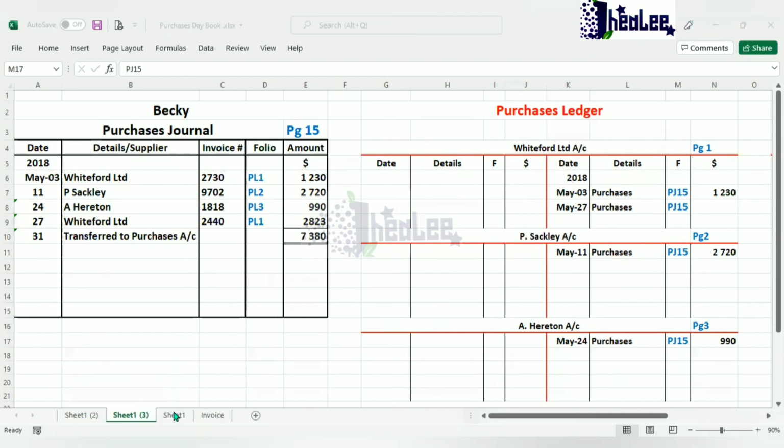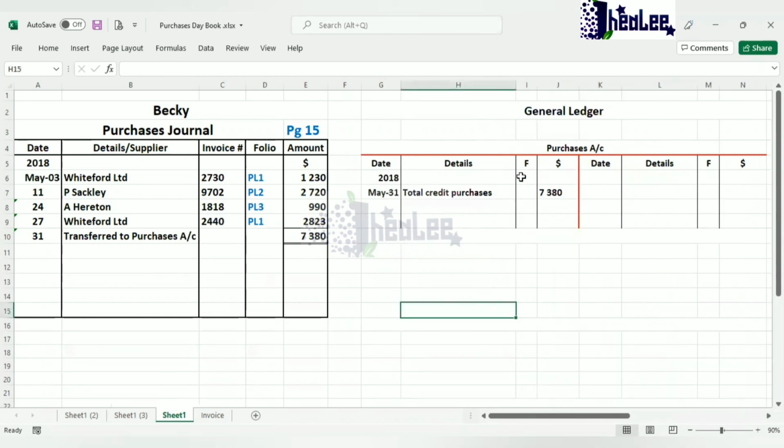Let's now complete the folio for the purchases account that was prepared in the general ledger. On May 31st, we have transferred to purchases account. Where is the purchases account located? In the general ledger, but we need a page number for that. Let's call it general ledger page 8.